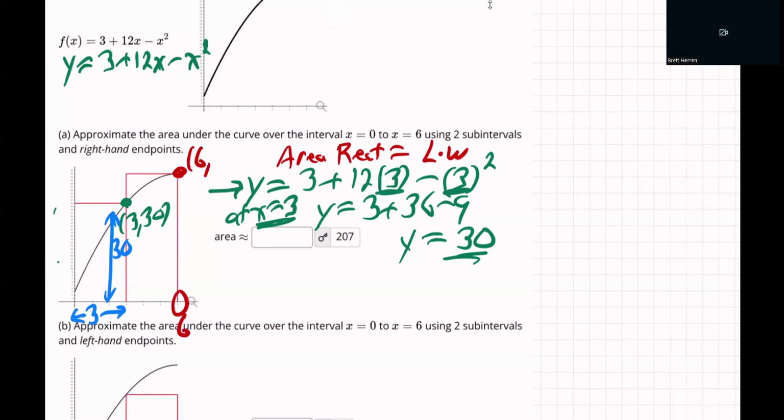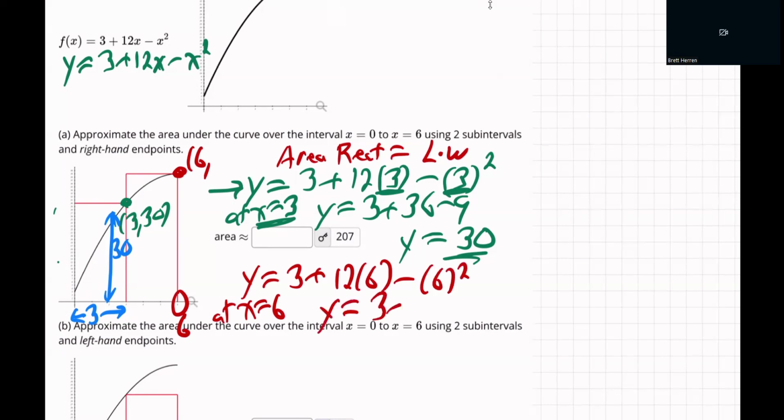Now for the next one, it hits up here at 6. So this is the point over 6, up. I don't know, let's find out what y equals at x equals 6. So let's plug in again to the formula. y equals 3 plus 72 minus 36. I think that's 39.